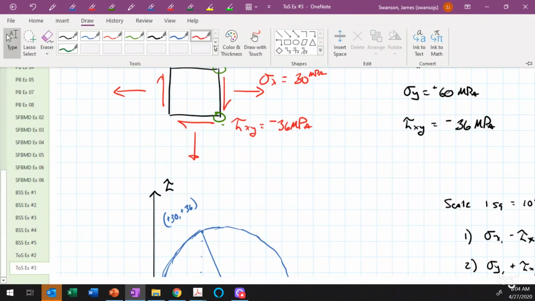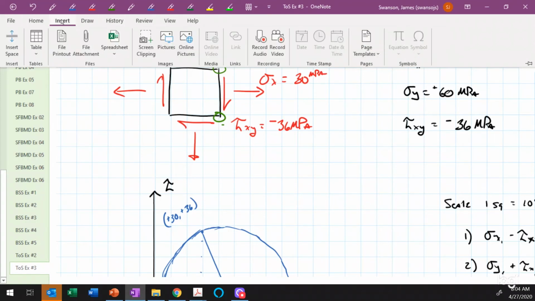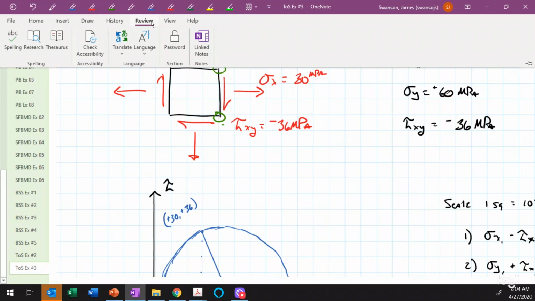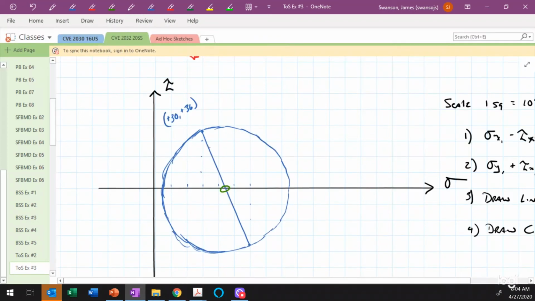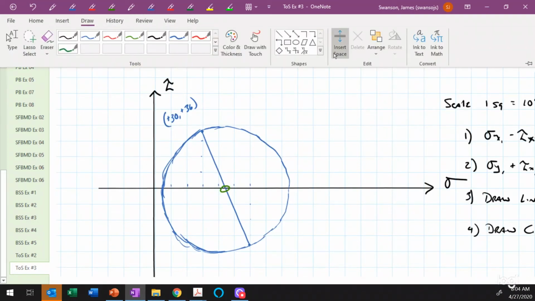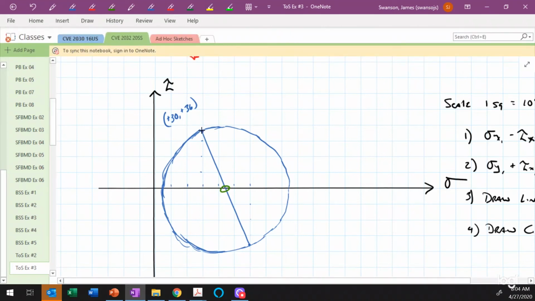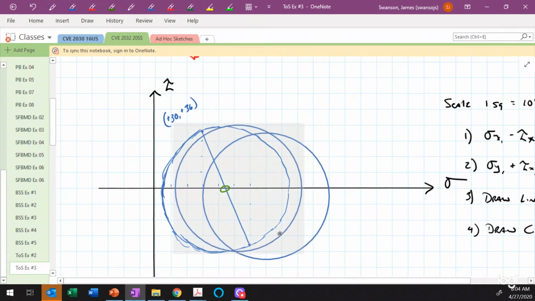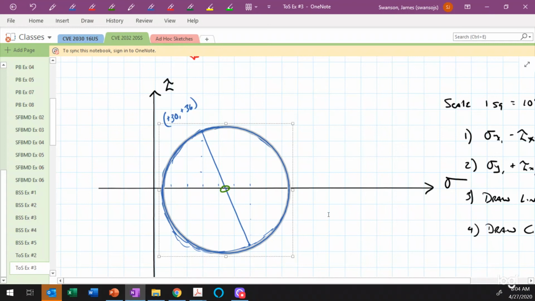Let's see. There we go. That circle doesn't look too terrible.